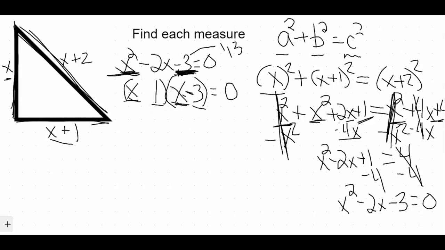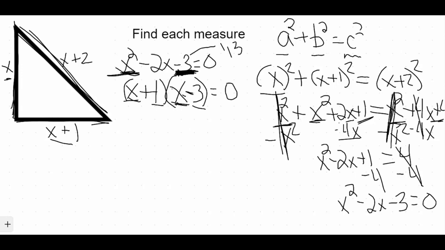The only way to get a negative when you multiply is if you have different signs. Remember those integer rules. Same sign is positive, different sign is negative. So because I have a negative here, I know that these signs have to be different. And since this 3 is already a negative, the 1 has to be a plus.